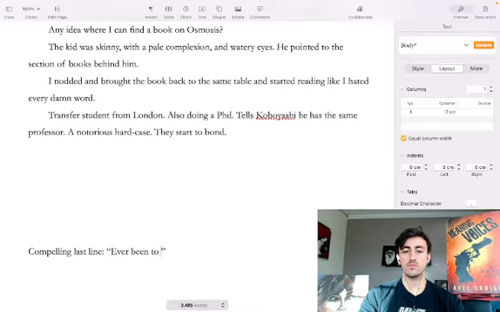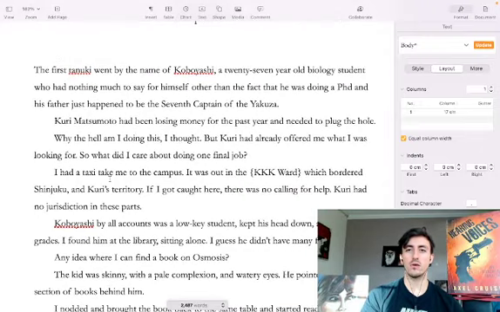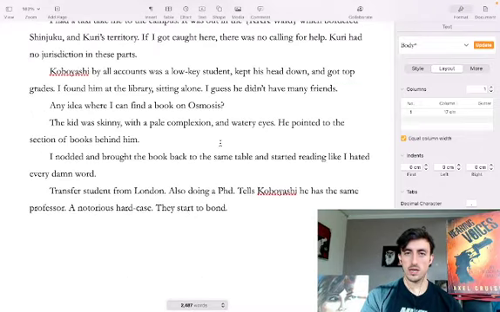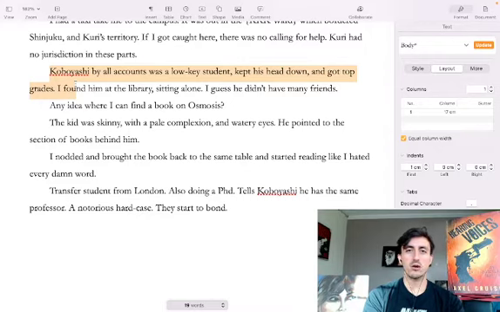Ever been to the... okay, so maybe, here's how it works. Where was that line where we said, right? So this Kobayashi, the son, he is by all accounts a low-key student, kept his head down and got top grades, right? He's not well liked. He's a bit shunned by the university students as a whole.